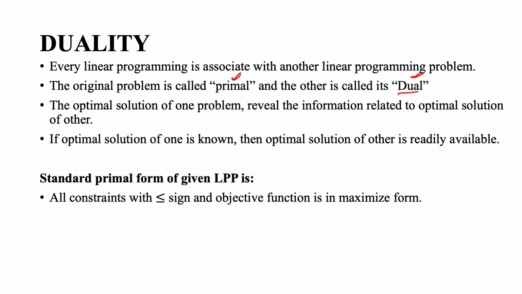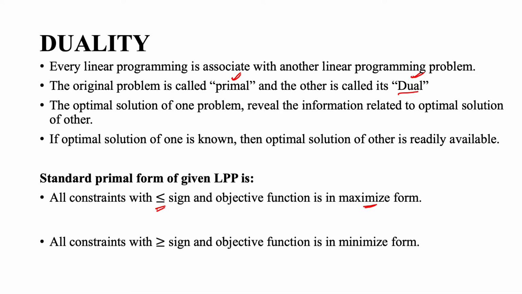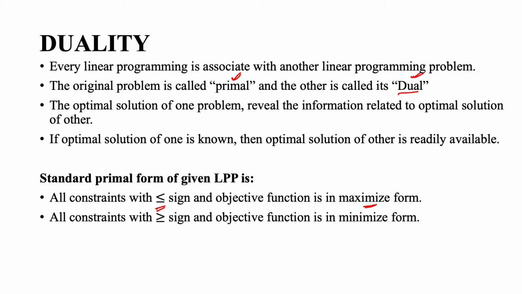One is if all my constraints are in less than or equals to sign, then the objective function should be in minimization form. And the other one is vice versa. If I have constraints in the form of greater than or equals to, then my objective function should be in minimization form. So we will take any one standard form and convert the given primal problem into standard form. After that we will convert into dual form.